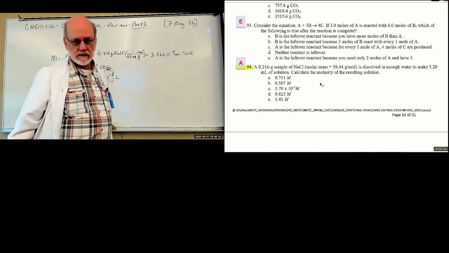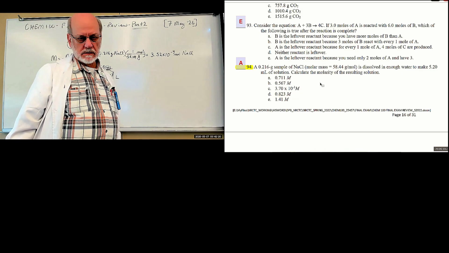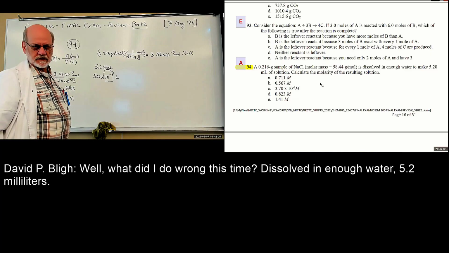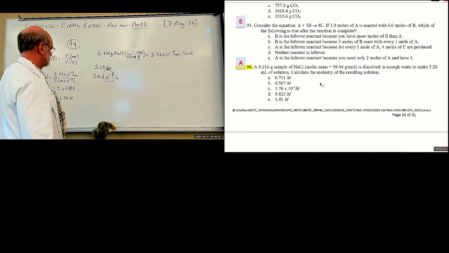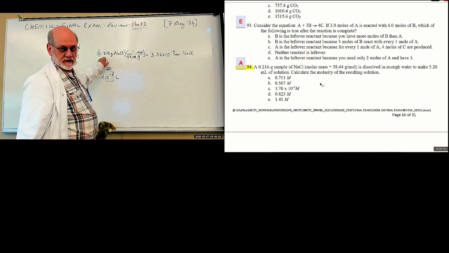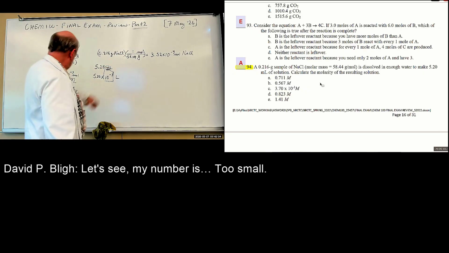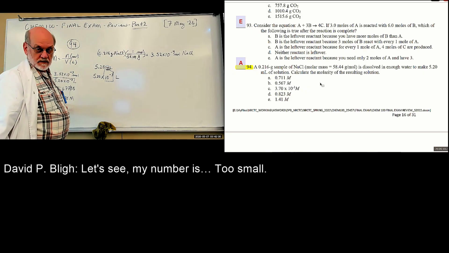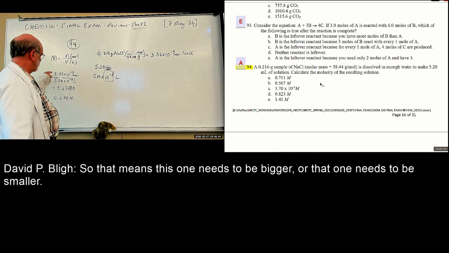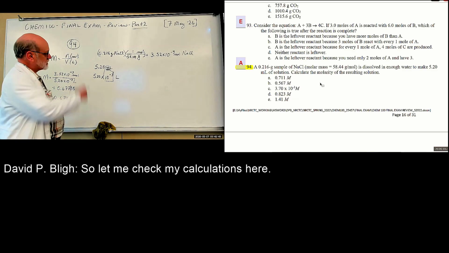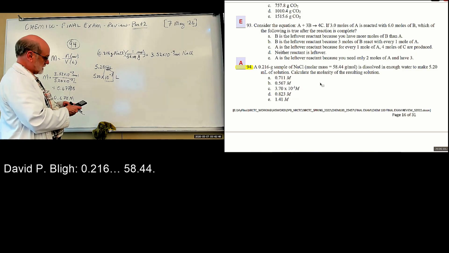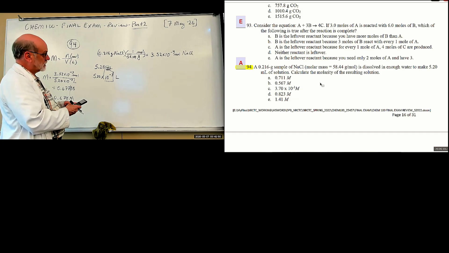Well, what did I do wrong this time? Dissolved in enough water, 5.2 milliliters. 0.216. Let's see, my number is too small. So that means this one needs to be bigger or that one needs to be smaller. So let me check my calculations here. 0.216, 58.44. Yep.